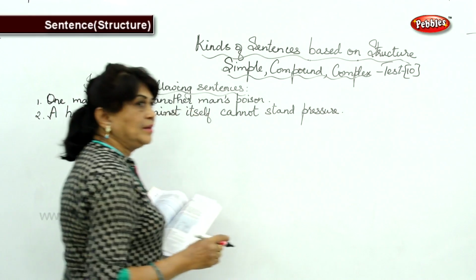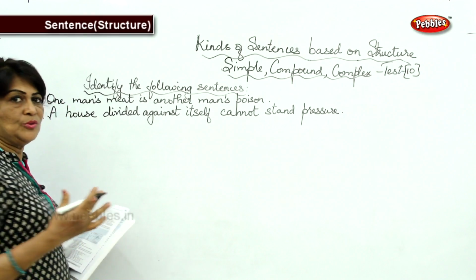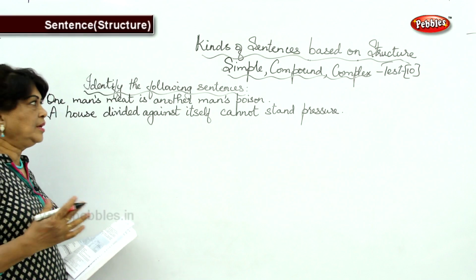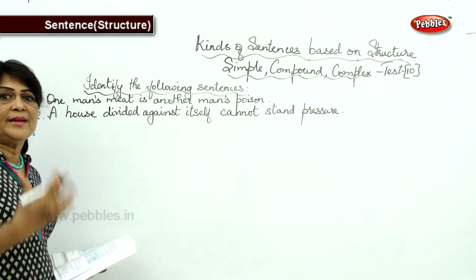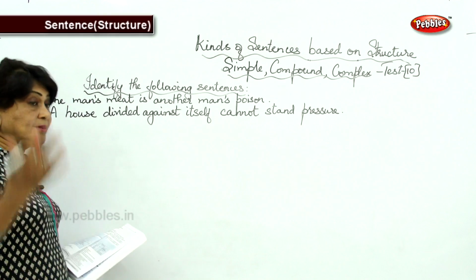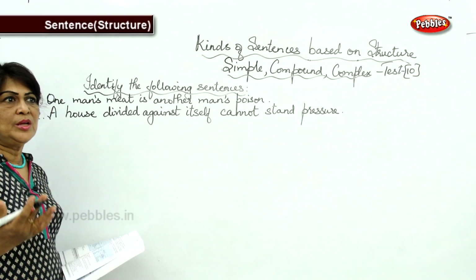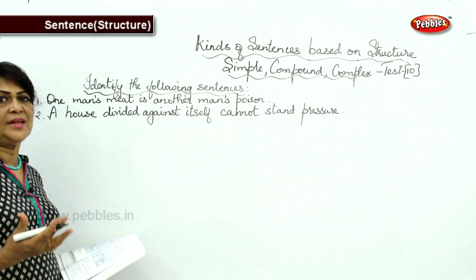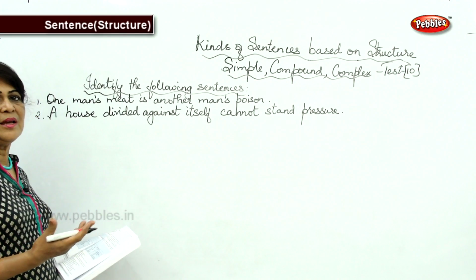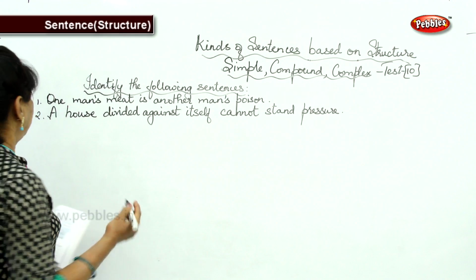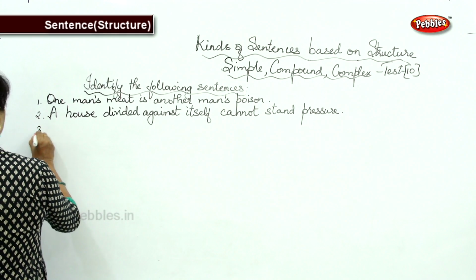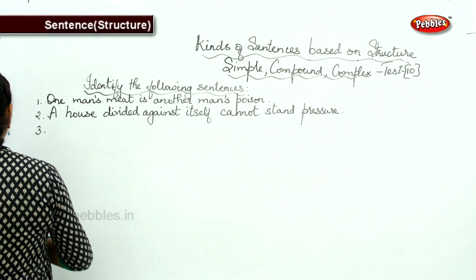What does it mean? If a house, that is a family, is divided one against the other, then when external pressures, like when a crisis, a family crisis comes, they cannot withstand that pressure. Next one.